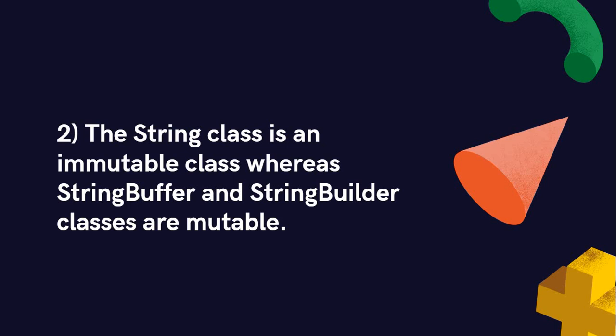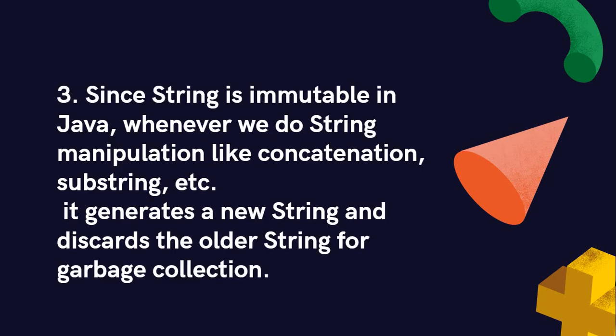So what are the benefits? One cannot be changed, and the other can be changed. If we can change something in our program, that is very nice. So a string is immutable and string buffer, string builder are mutable. This is one difference between string and string buffer, string builder.